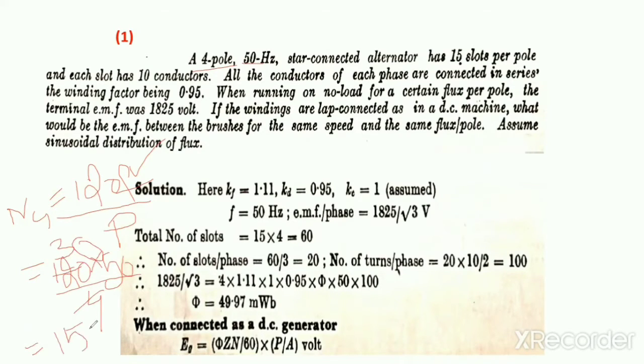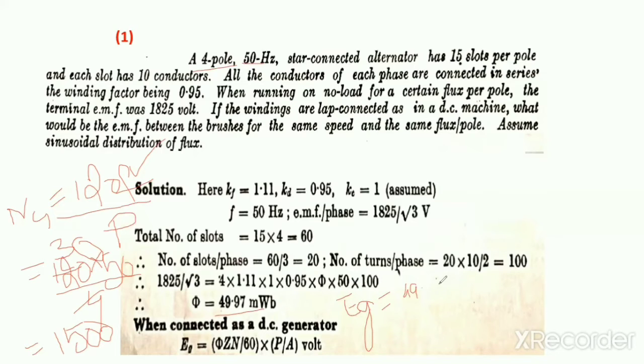Then we substitute the N value in the EG equation and calculate the EG. EG is equal to, what is the phi value? That is 49.97.